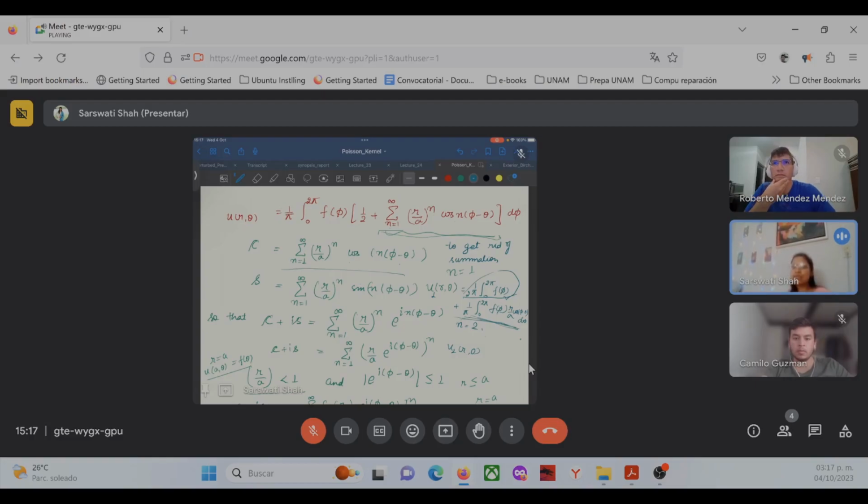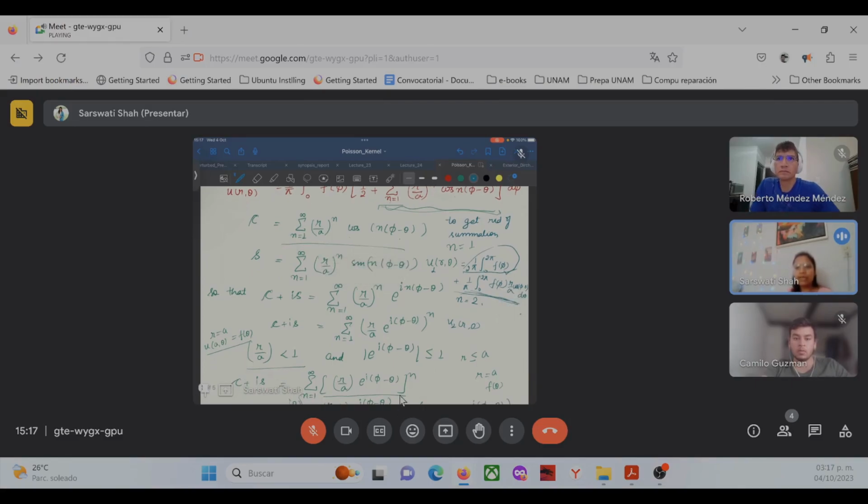To get rid of this summation, we need to follow some techniques so that we can write a closed form solution, that is, we can write the unique solution. We don't need to take the summation over the integers. So that's why we are using some kind of trigonometrical approach to write the solution of the Laplacian equation inside of a circle.